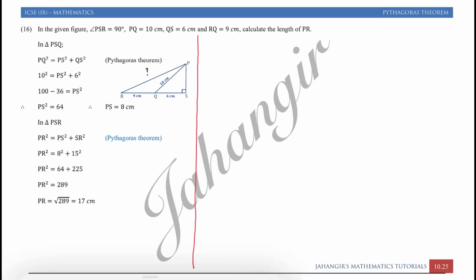So here the first triangle I am going to take is this triangle. If you see, this is a right angle triangle. The one which I am shading is the right angle triangle, so that I can take. So we can write in triangle PSQ, PQ square is equal to PS square plus QS square by Pythagoras theorem.